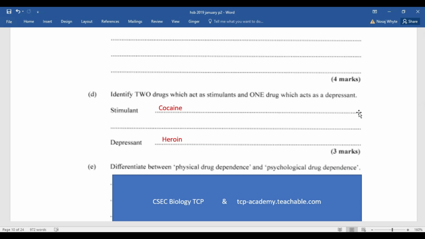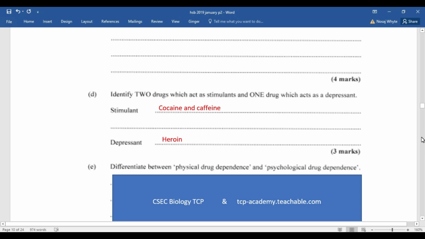Now that of course is going to be cocaine, which is a very hard drug, and caffeine, which you would find in a lot of your drinks, such as coffee. And the depressant is of course going to be heroin, which is another hard drug.